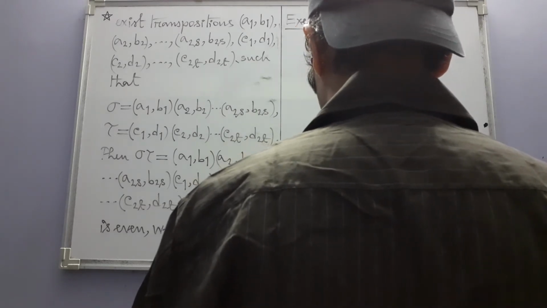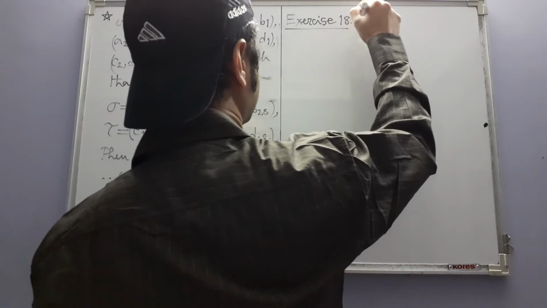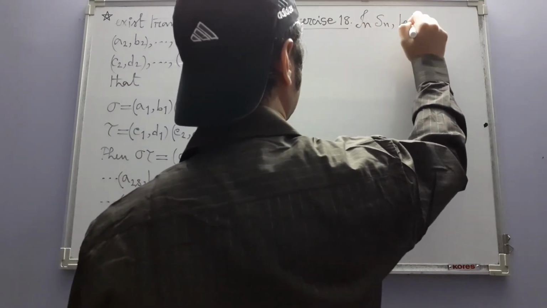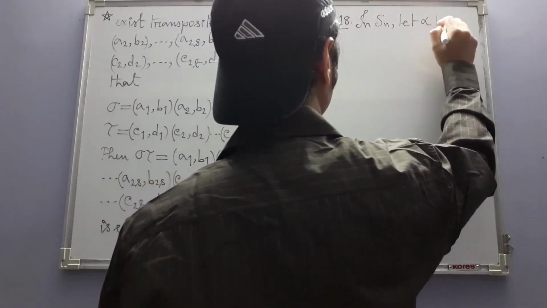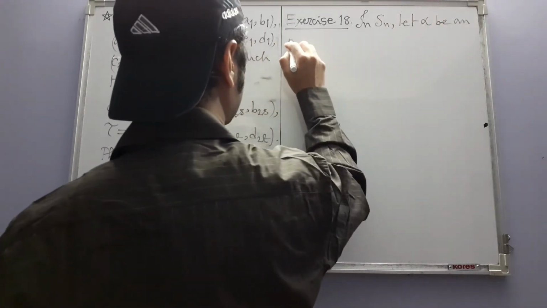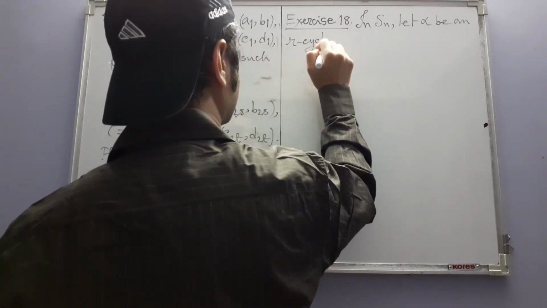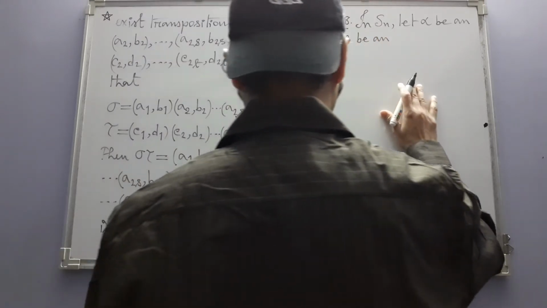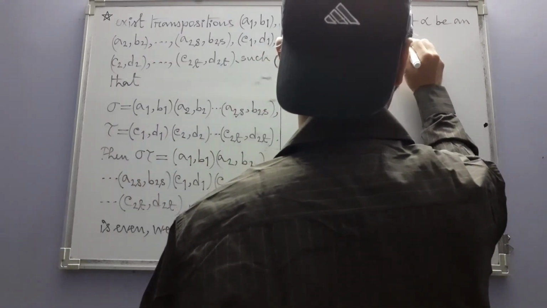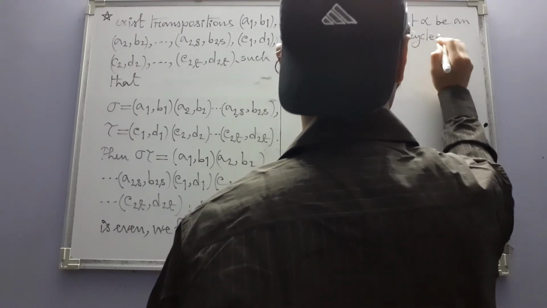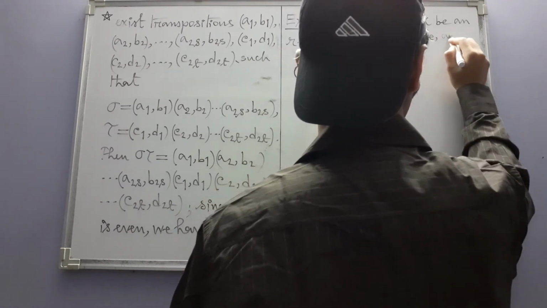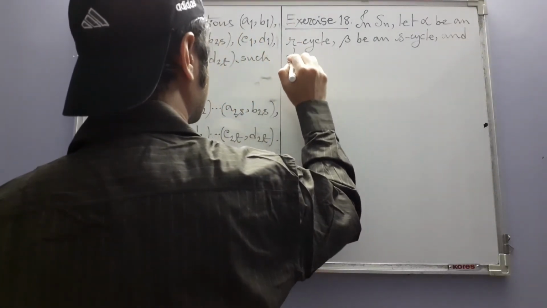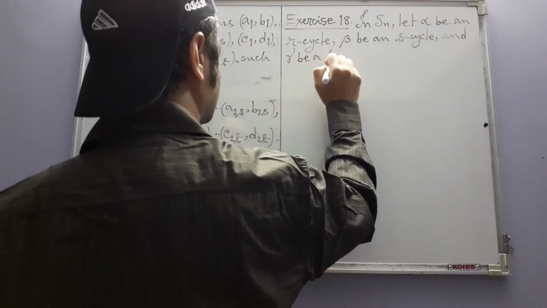In Sn, let alpha be an R cycle, beta be an S cycle, and gamma be a T cycle.